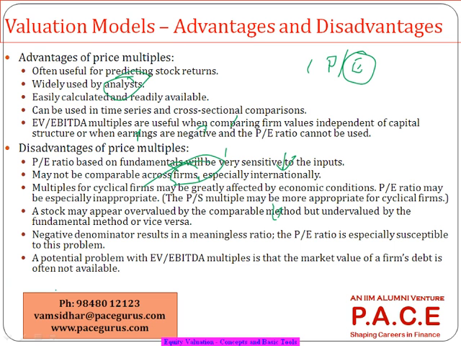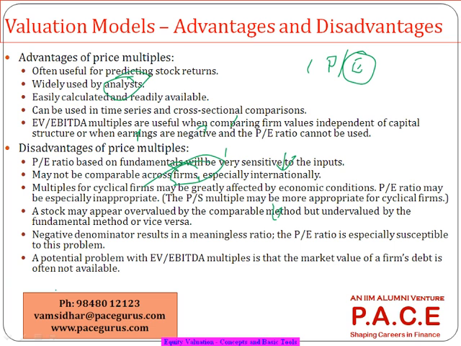I am comparing the market with its own reality, whereas here I am always comparing between companies. So it's better that we use these ratios to compare only across competitors, not any two firms in the industry.